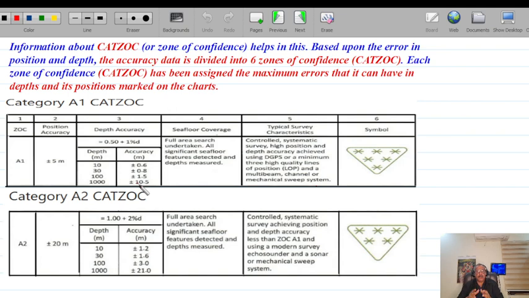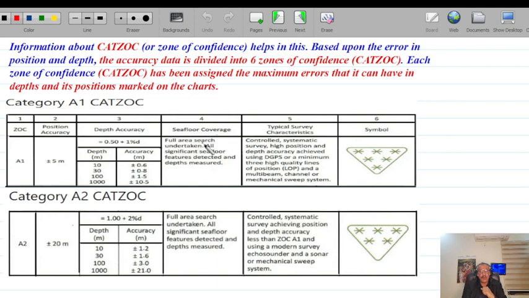So when the depth is 10 meters, the accuracy is plus minus 0.6 meters. When the depth is 30 meters, it is plus minus 0.8 meters. For 100 meters, 1.5. And likewise for 1000 meters, 10.5 meters plus minus. The other thing is the seafloor coverage.